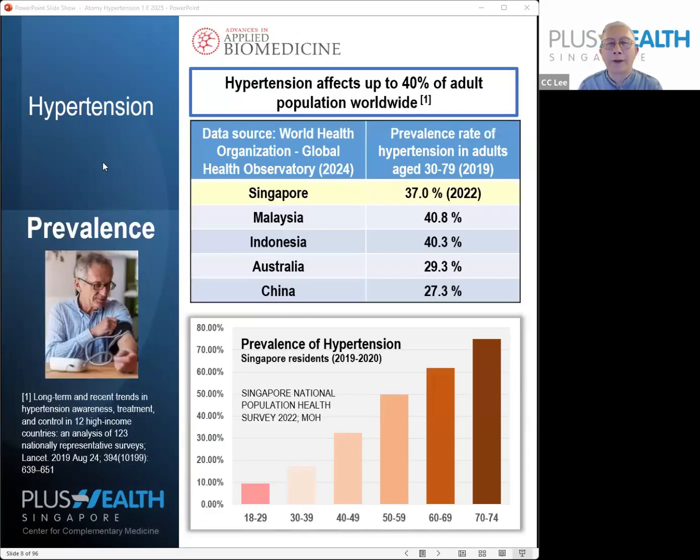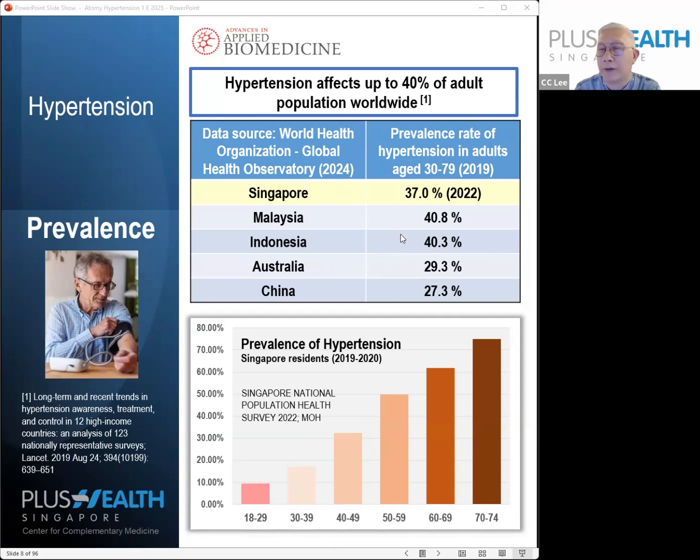Okay, now how prevalent is hypertension? Well, if you look at the Lancet reports on the worldwide side, hypertension affects up to 40% of the adult population worldwide. It's a very, very wide spectrum that affects everybody. If you look at Singapore, in fact, it affects up to 37%, right? Malaysia is higher, 40%.